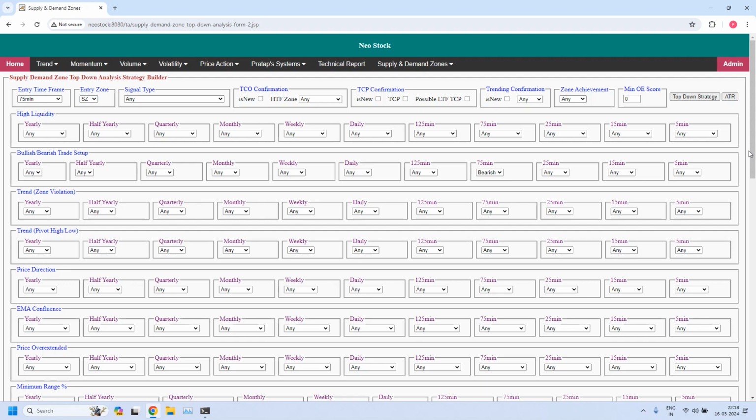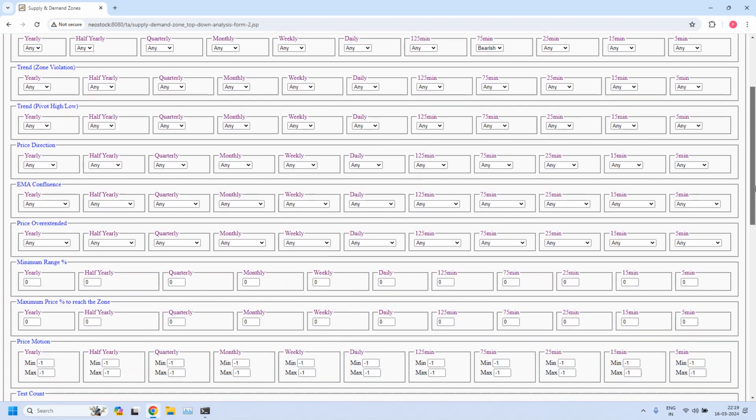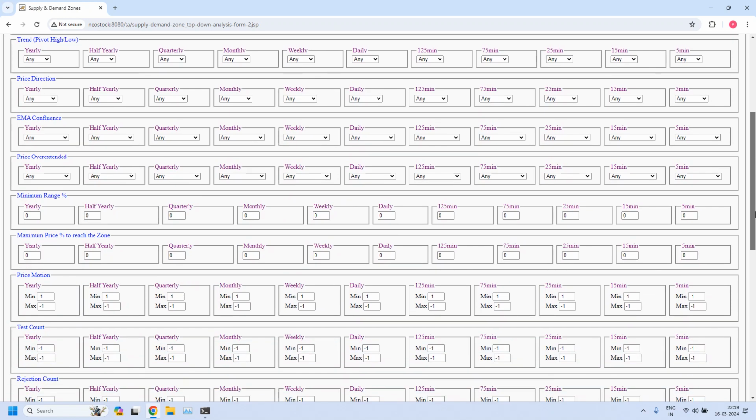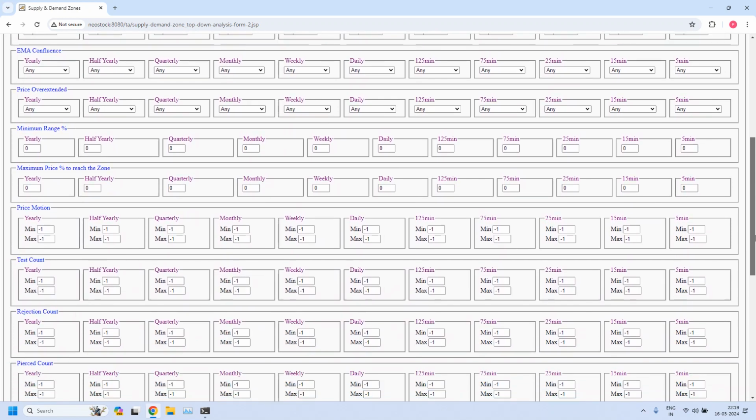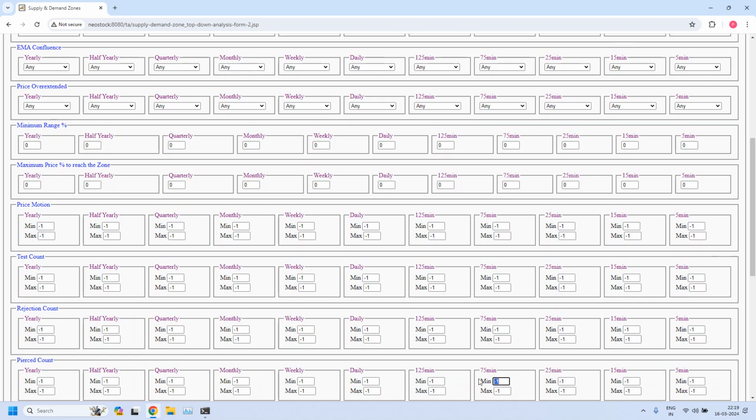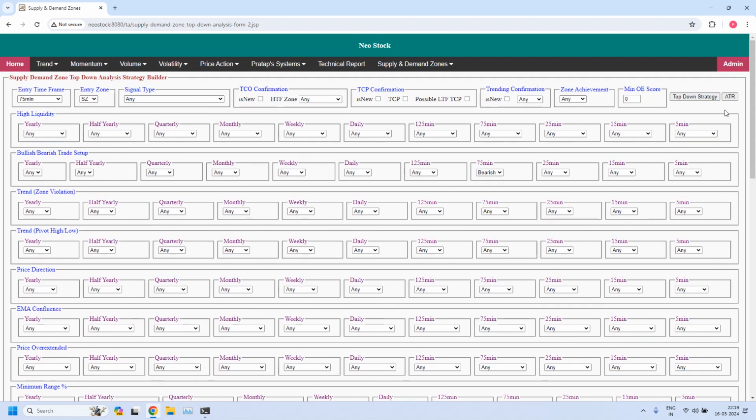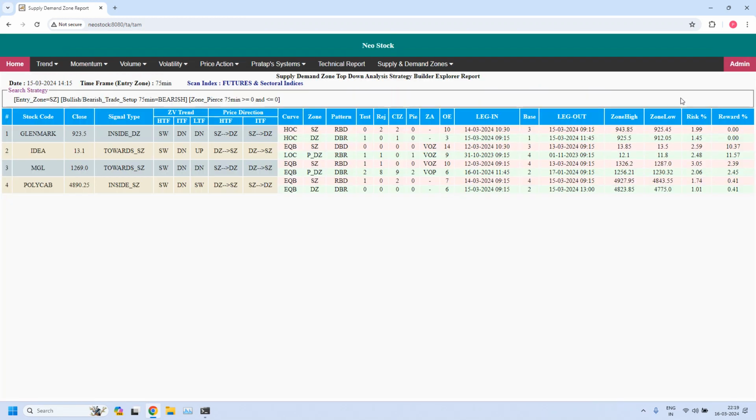The only filter I am setting is that we don't want pierced zones, so I am setting pierced count for 75 minutes to minimum 0, maximum 0, which indicates the zone is not pierced. Now 4 stocks are filtered. Check the odd enhancer score. Only one stock has a good odd enhancer score. The remaining all have a lower score.